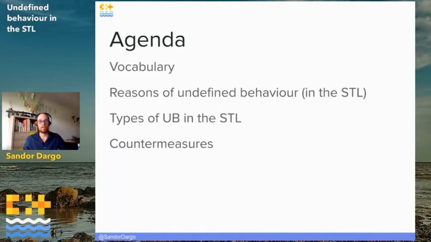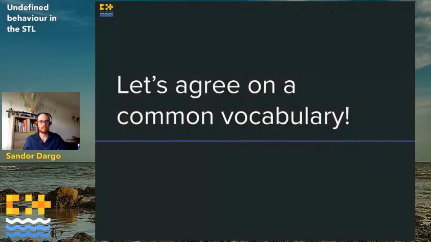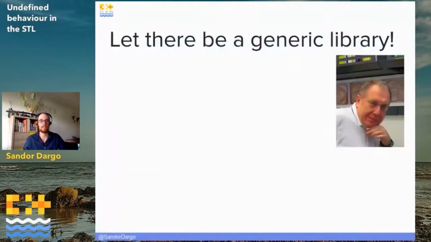Then we'll see quite a few examples for it. And then at the end, we'll see the possible countermeasures that we can take. So before we jump into the implied contracts of the STL, let's clarify the meaning of these couple of terms, just to make sure that we are on the same page.